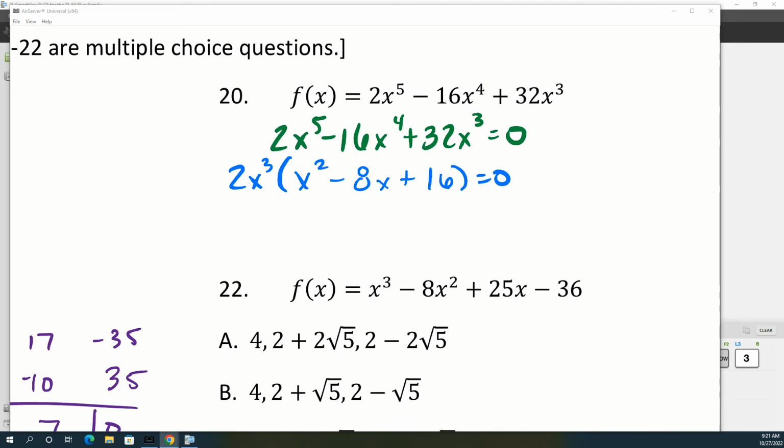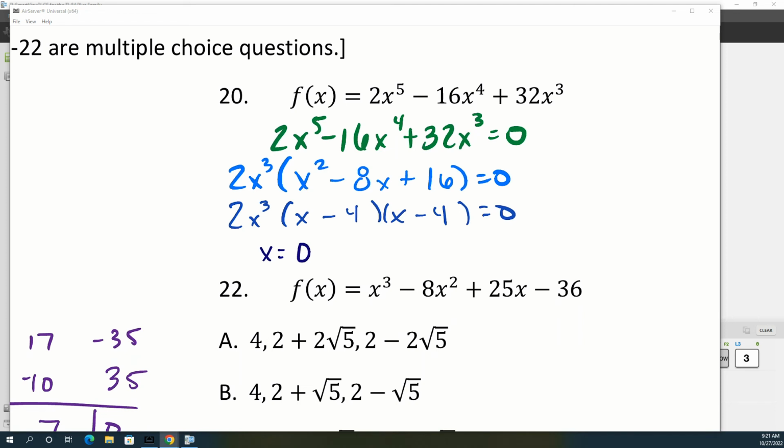And then factor again. And then we figure out what makes each of these equal to 0.